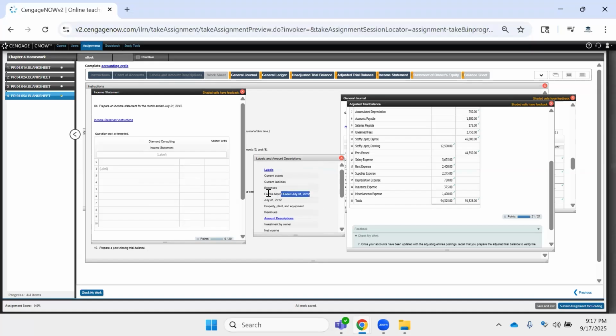And then income statement is a period of time, so it's going to be for the month ended July 31st, 2022. We're going to start with fees earned because that's our revenue amount. And then take the revenue amount directly from our income statement here.